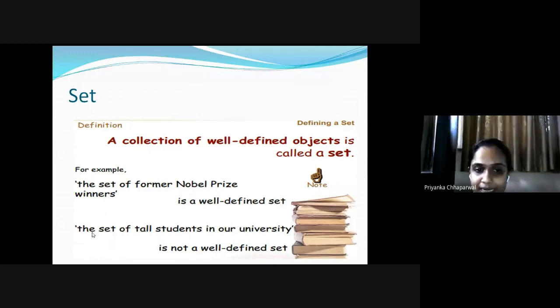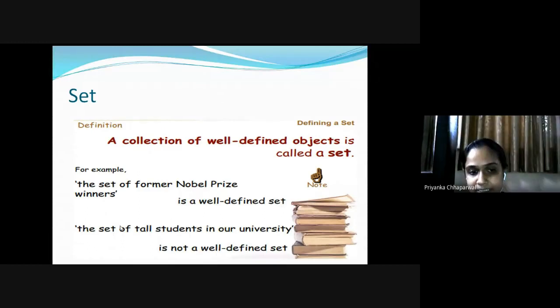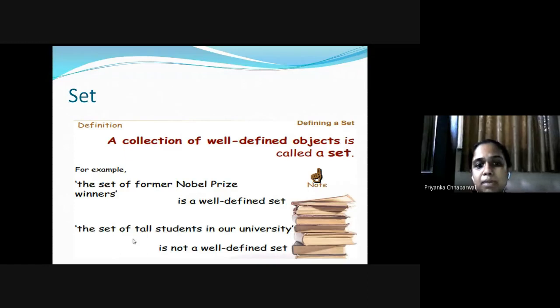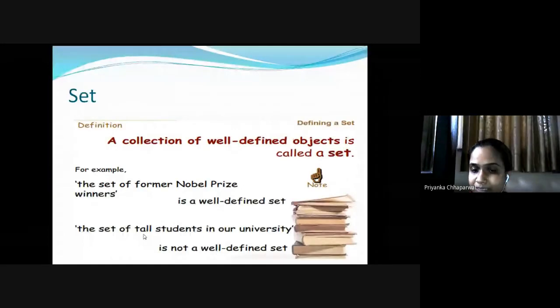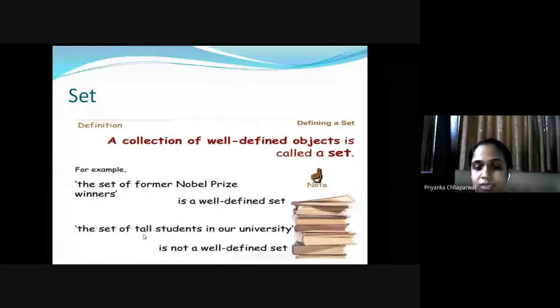The second example is the set of tall students in our university. Tall may mean the height is not defined. I am only writing tall student, so the objects are not well defined, so it is not a set.